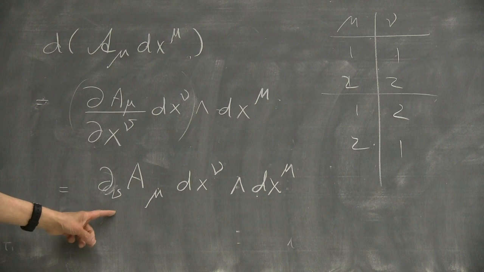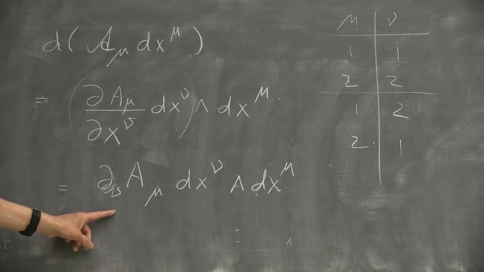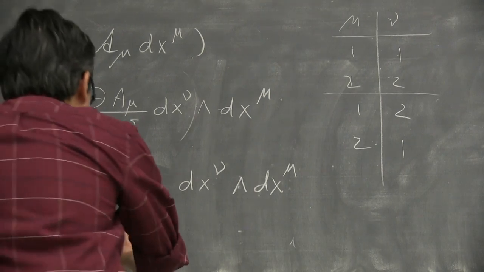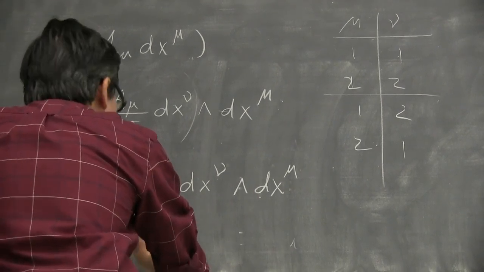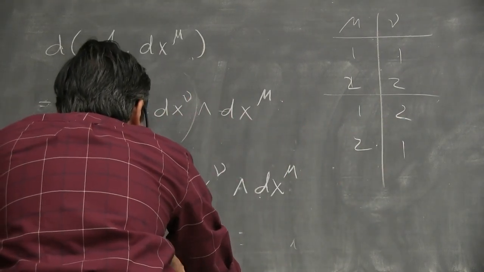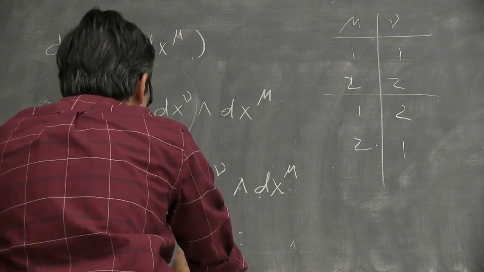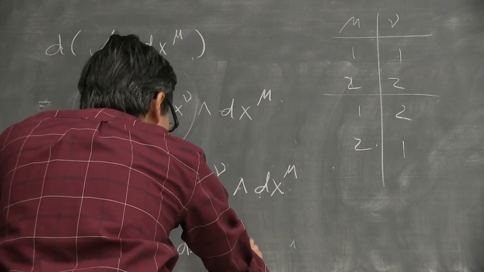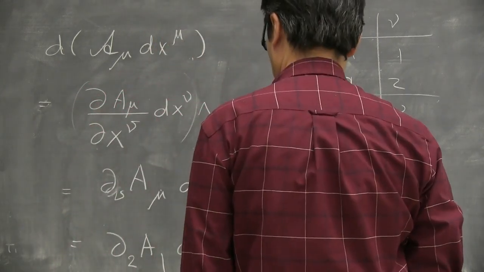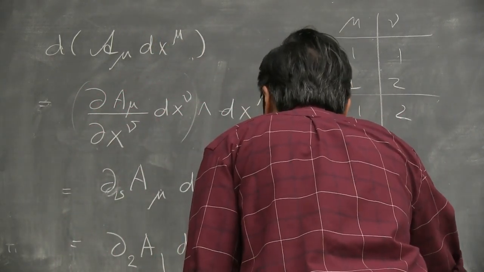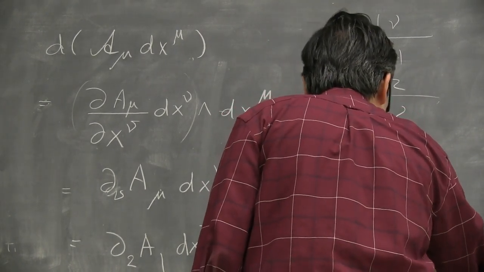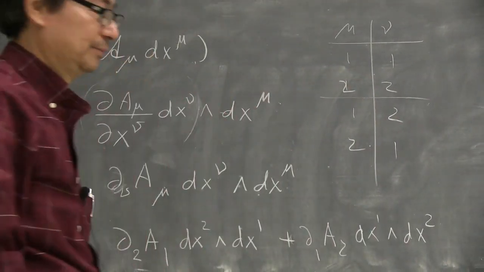So how many terms are here? 2 terms, right? It is equal to d, now the first one mu is equal to 2, right? d2 a1 dx2 wedge dx1 plus d1 a2 dx1 wedge dx2.